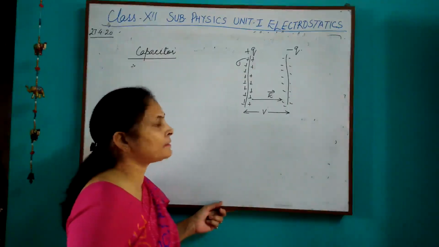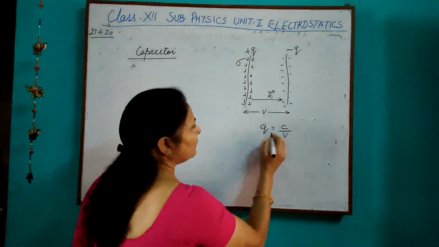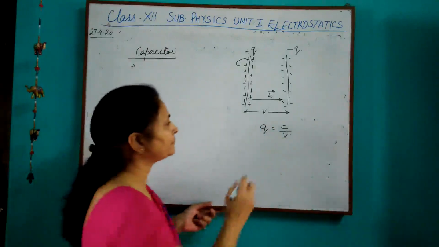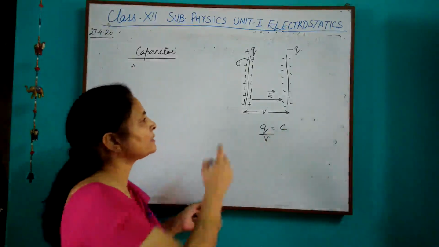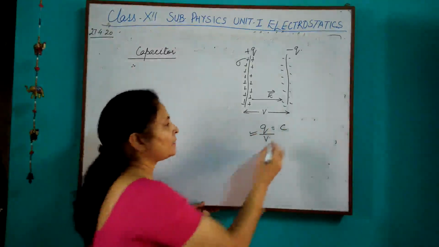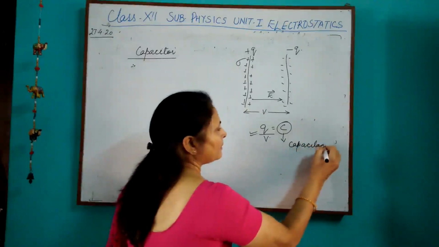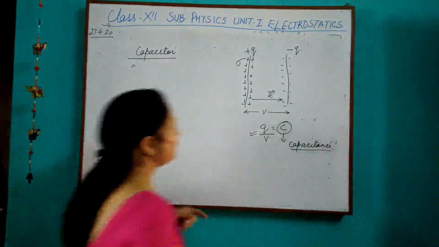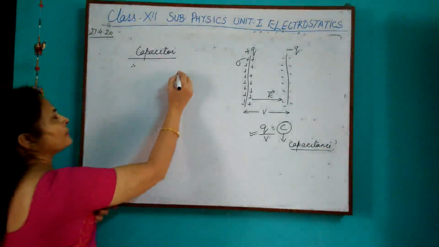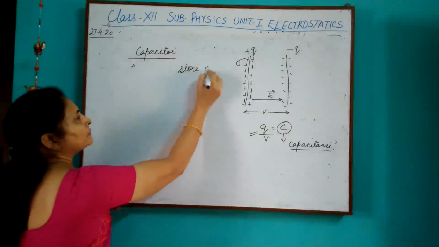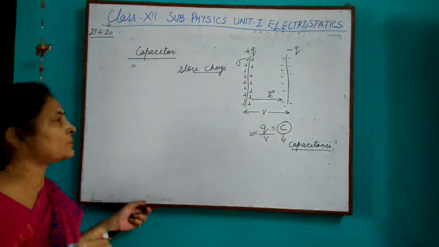It is studied and it is seen that the ratio Q by V always remains constant, and this constant is known as capacitance. We'll again go back here. So a capacitor is a device to store charge. Now how does this work actually?